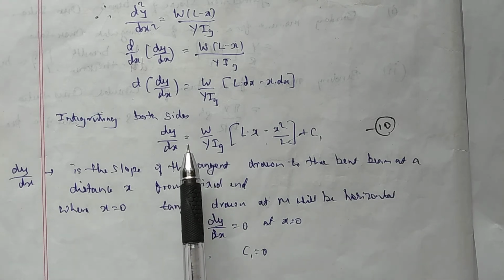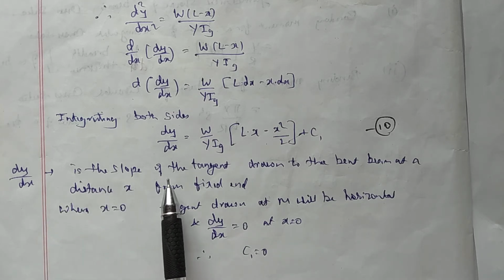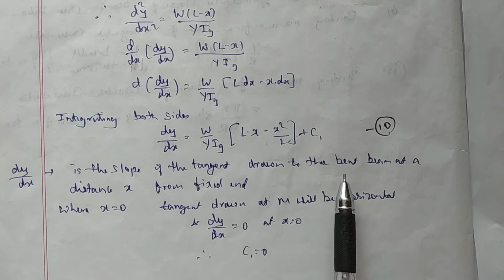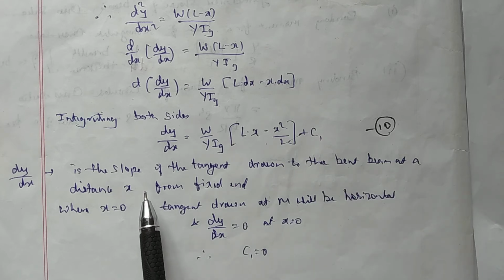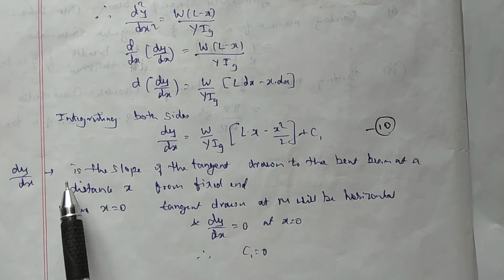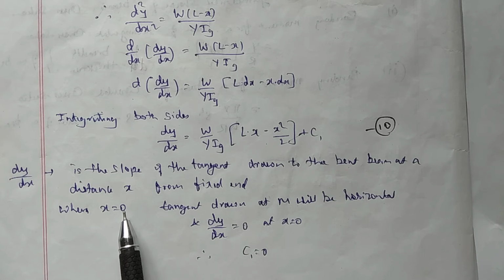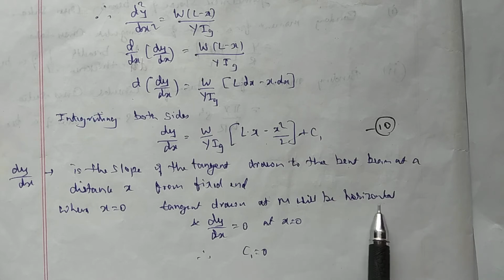Now what is the meaning of dy by dx? dy by dx is nothing but the slope of the tangent drawn to the bent beam at a distance x from the fixed end, that is at the point P. When the distance x is 0, at the point M at the fixed end, the tangent drawn at M will be horizontal.